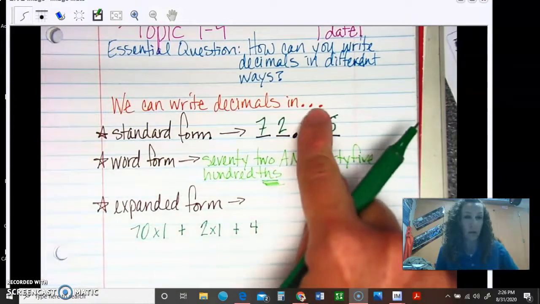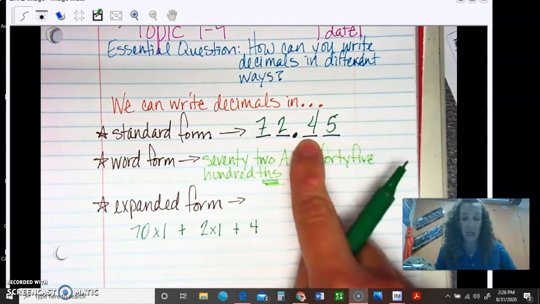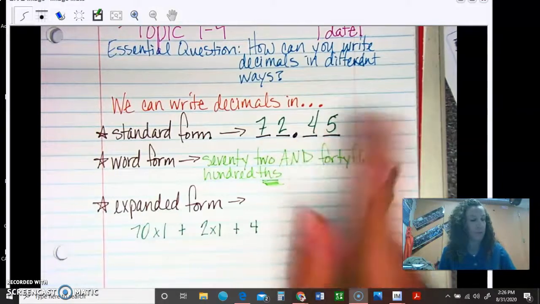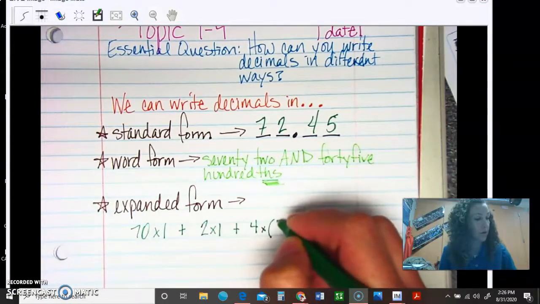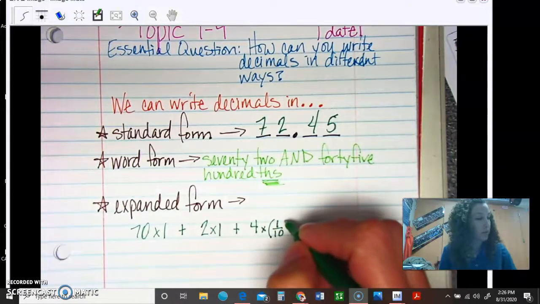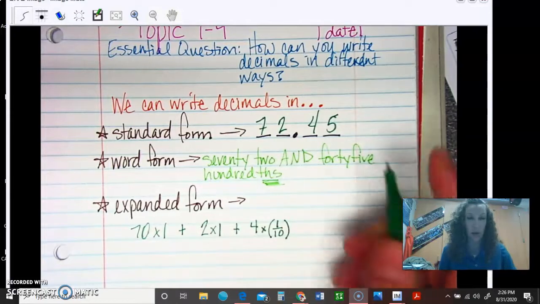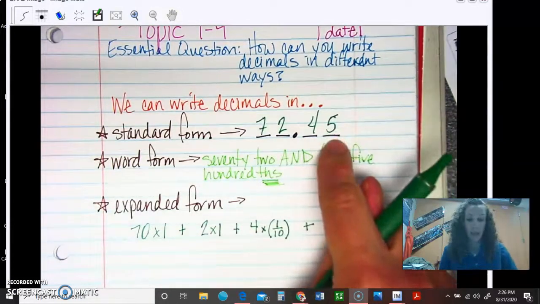Now we're going to talk about the value. The 4, that's the name of the digit, see, is in the tenths place. So we're going to say 4 times 1/10, okay? And then close that parentheses. And then we're going to add to it our next digit.